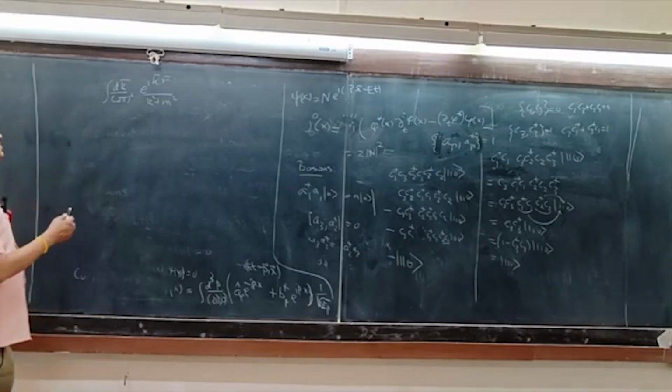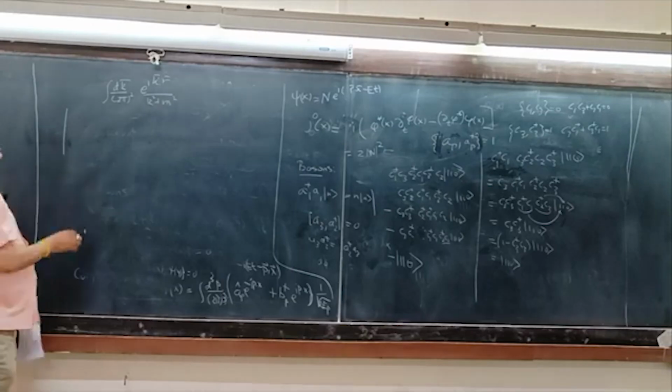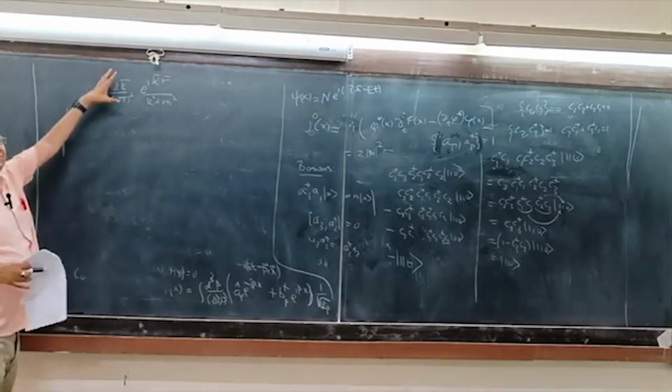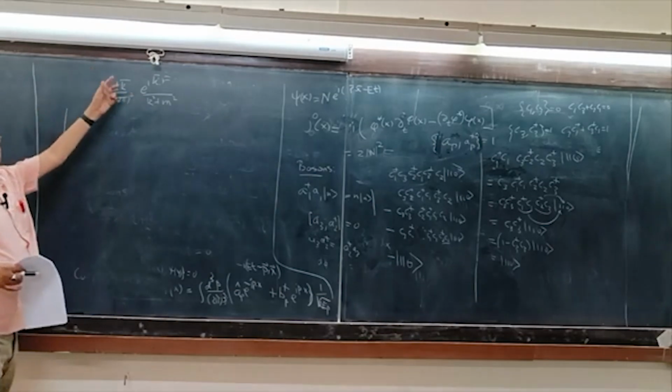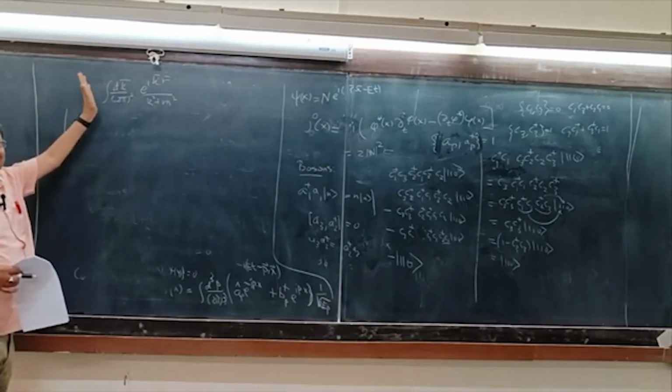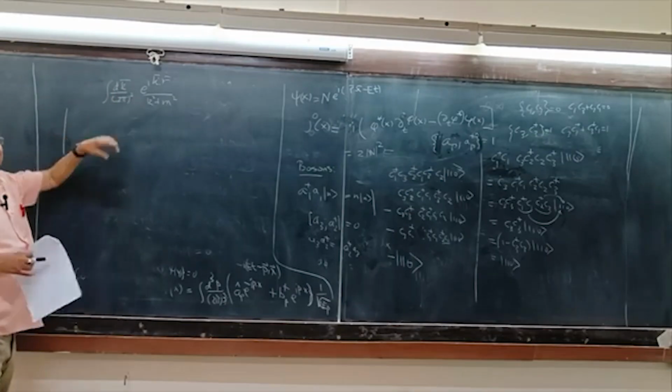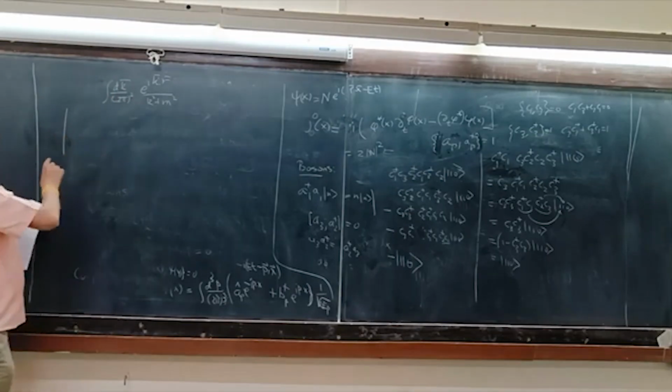Okay, so this I have done in the class. Just to give you a sketch, this is summed over all k's, and it's isotropic. It doesn't depend on angle for r.